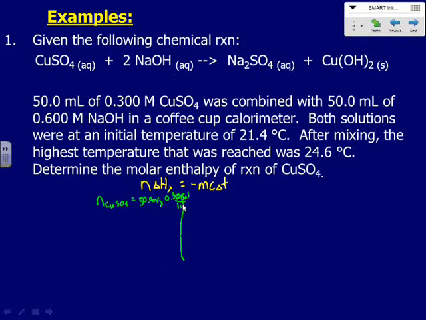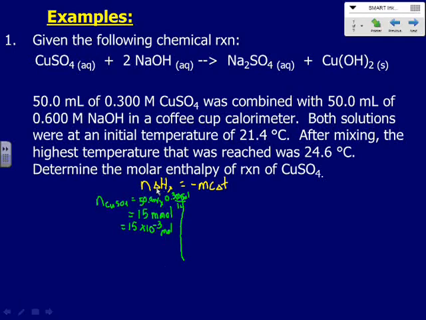My liters cancel out, and I will be left with millimoles. All right? And we can work with millimoles. We just have to be careful and convert it at the end. So 50 times 0.3 is 15. That's millimoles. And we do need it in moles, so we can bring in our 15 times 10 to the -3 moles. All right? So we've got our moles.